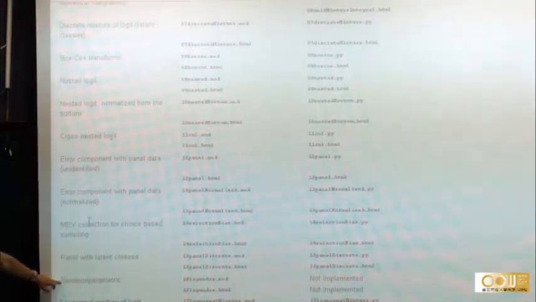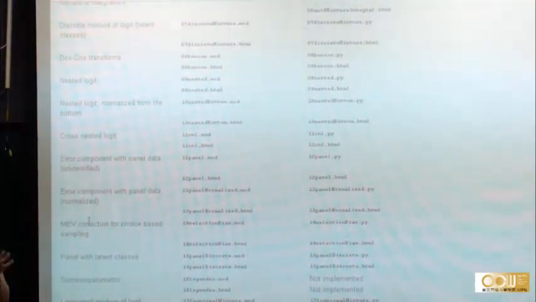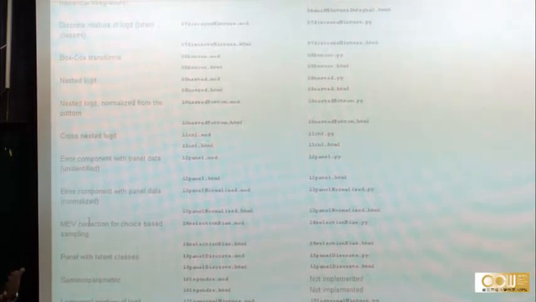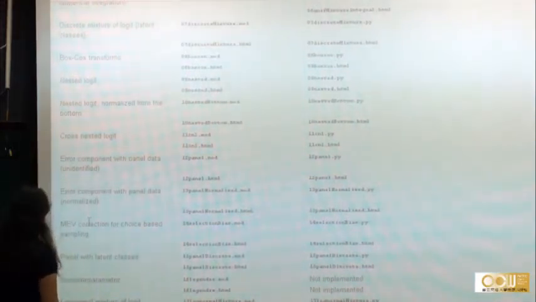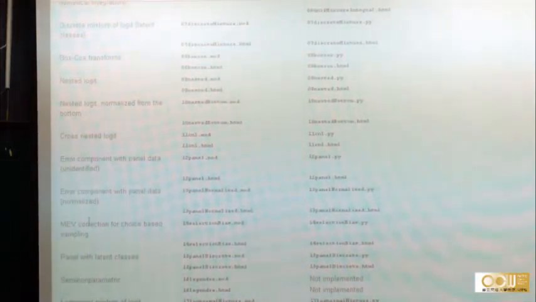Yes, semi-non-parametric. Yes, remember my B-spline? He does something that is similar, but he uses polynomials. So instead of B-spline, he uses polynomials. But it's a flexible way of doing mixed logit. Then he has log normal mixed logit.